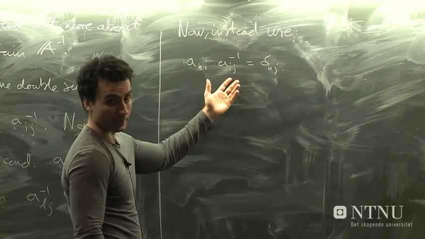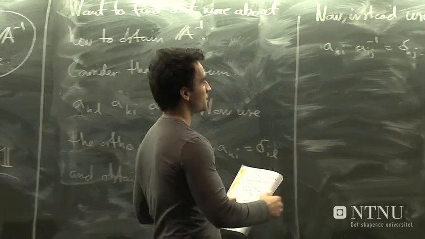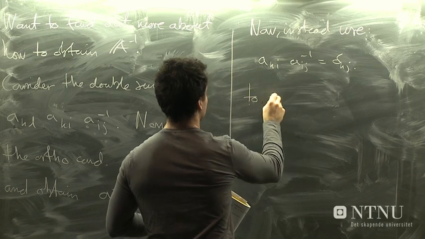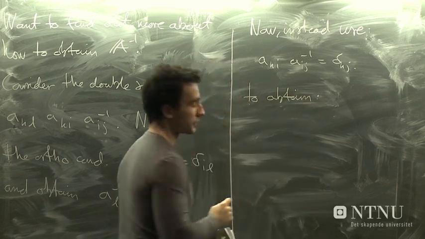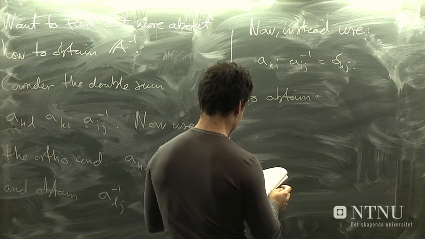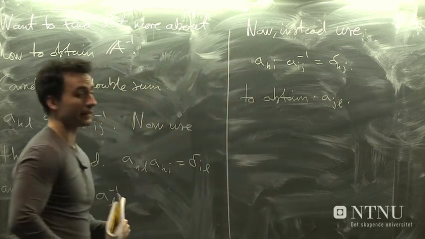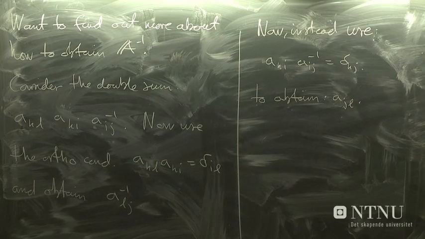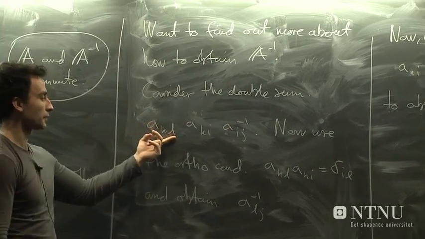So if I now use this equation here, and we do so to obtain Ajl, because we'll only have a contribution from when k equals j of this term, so it's Ajl.